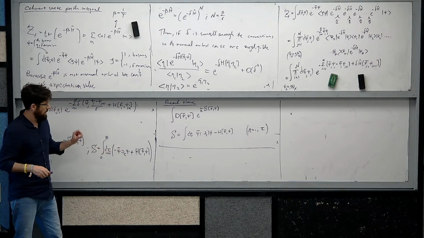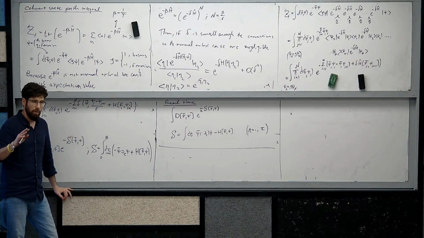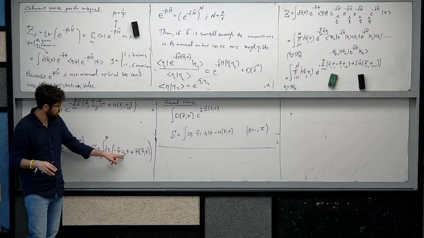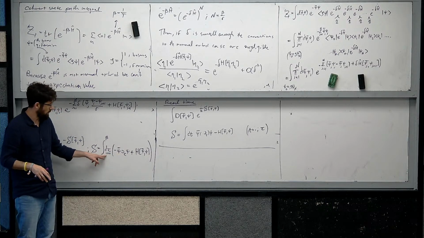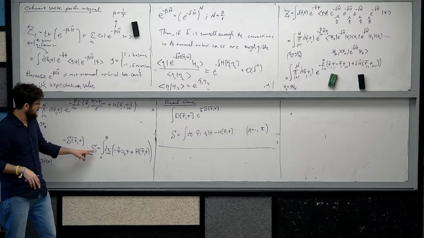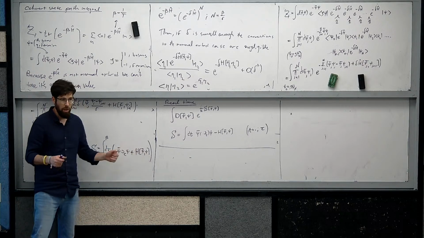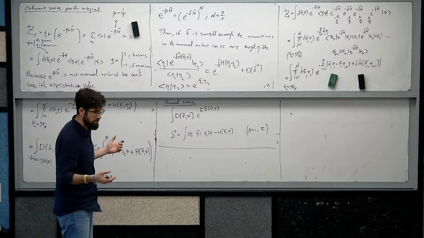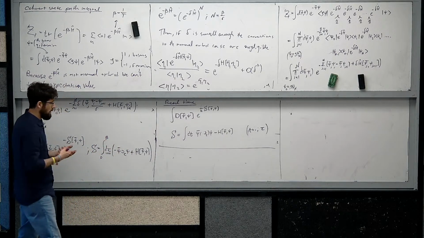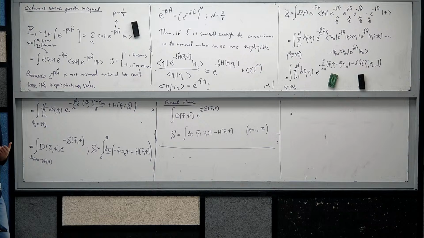Because imagine that I were to assume that these fields, psi and psi bar, do not depend on time. Then this time derivative would vanish, this integral would become trivial and just give beta, and I would have e to the minus beta H of these classical fields. That's exactly the limit where I get classical statistical mechanics, just the usual Gibbs free energy, and that's it.